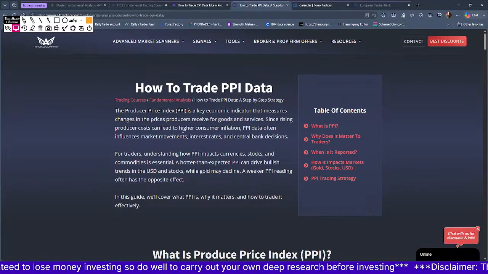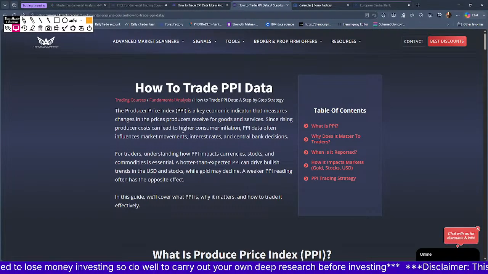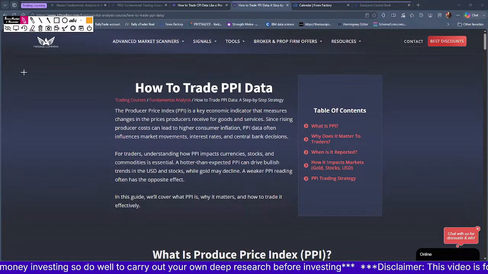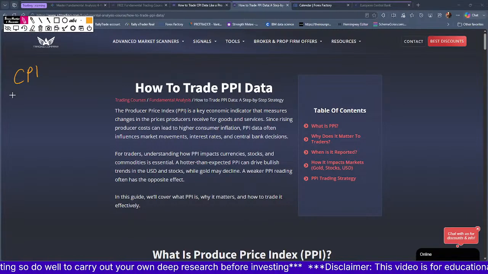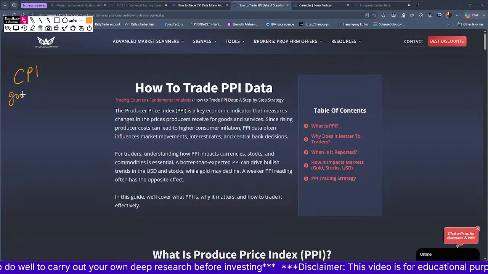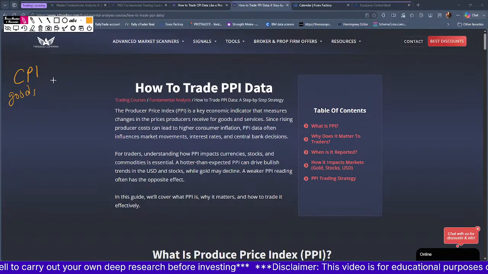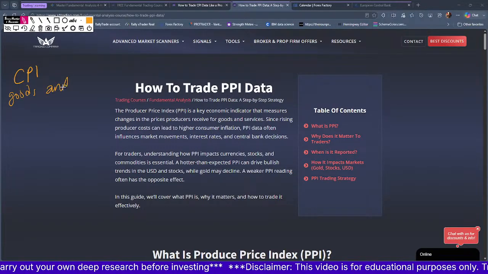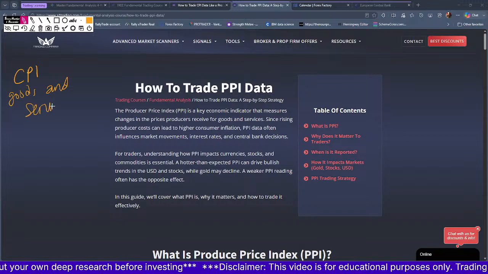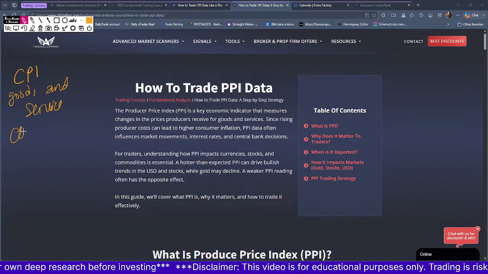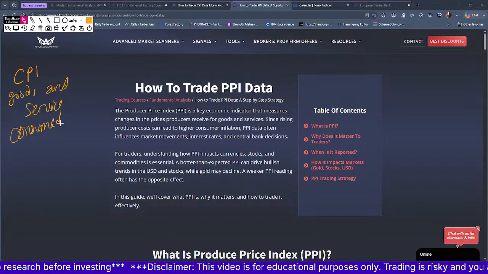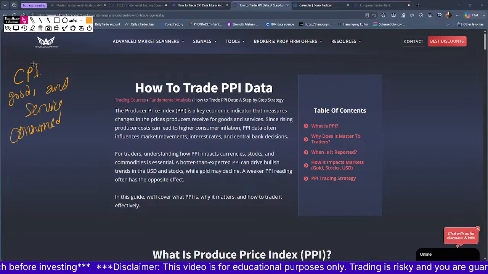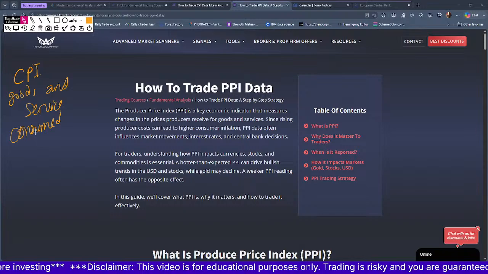The Consumer Price Index is how the prices of goods and services being consumed by people. This is the price index of goods and services being consumed.